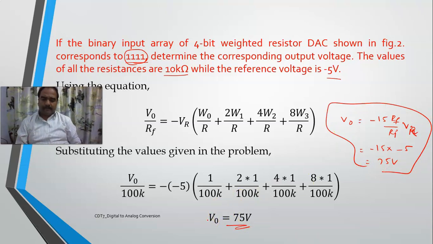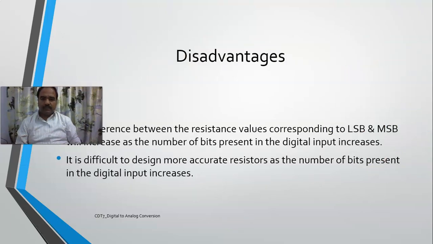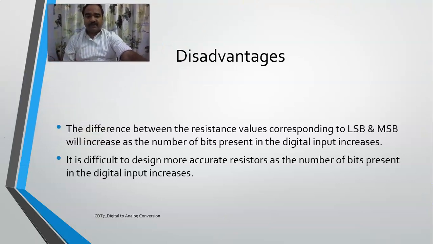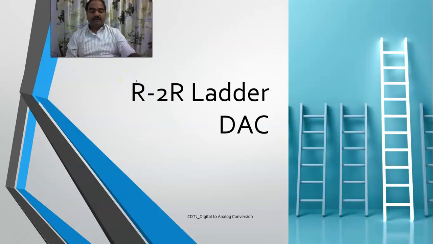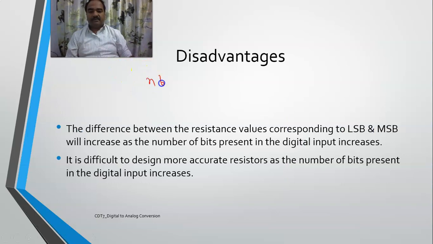So that is simply how we are going to solve these types of problems. And what are the disadvantages? I have already told you that the difference between the resistance values corresponding to the least significant bit and the most significant bit will increase as the number of bits in the digital input increases. If there are n bits, then you are supposed to select resistors of R, R by 2, R by 4, R by 8, like that up to R by 2 to the power of n minus 1.